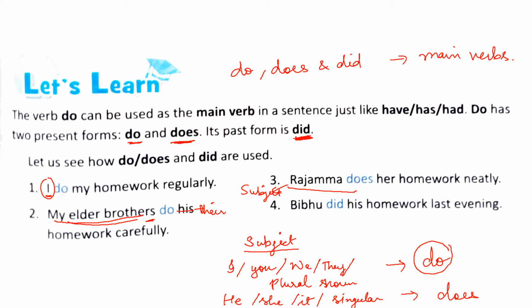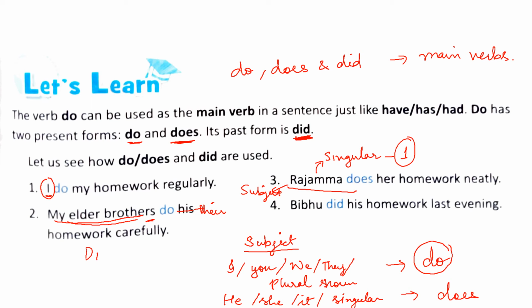Now Rajamma is singular, isn't it? She is one in number, one person, right? So since it is singular, we will use does. So Rajamma does her homework is correct. You cannot say Rajamma do her homework neatly. That would be incorrect.